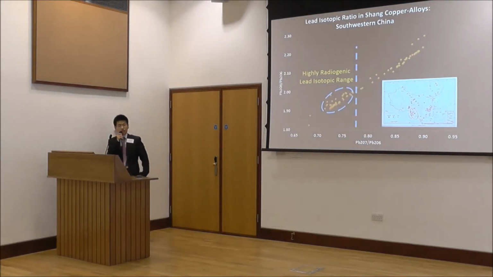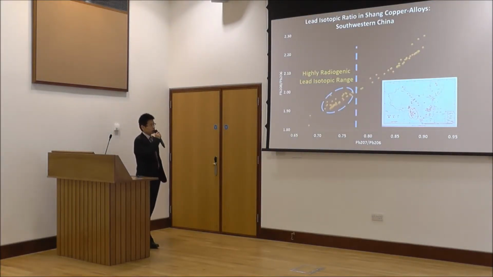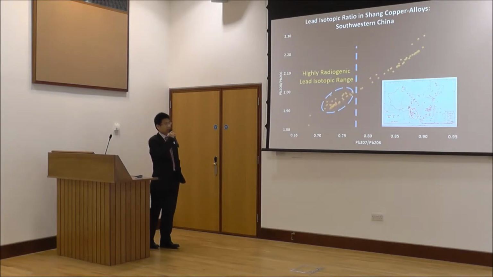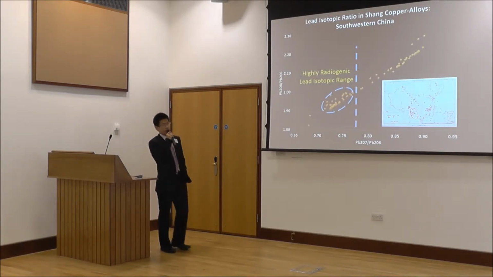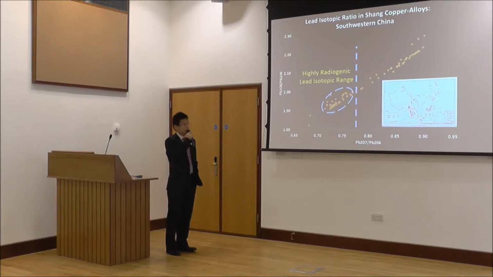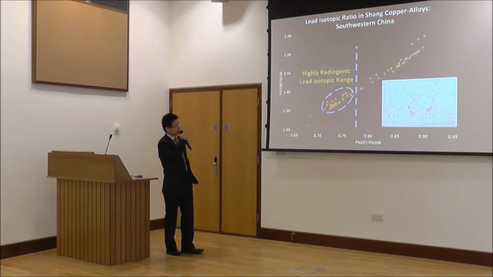The other method we often rely upon is called lead isotope. For those who are not familiar with this technique, you can understand lead isotope as a chemical signature we can analyze in the objects. According to the research conducted by Chinese and Japanese scholars, they found that the source of copper utilized in late Shang should be traced back to southwestern part of China, which is completely different from the argument proposed by the historians.